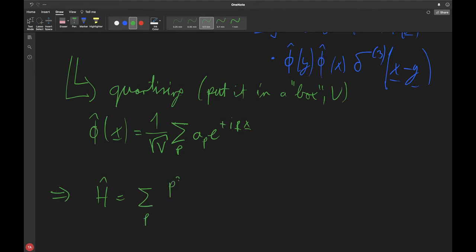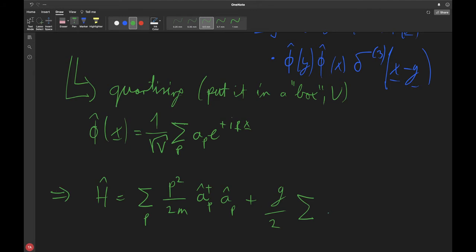So by doing this, we will get that the Hamiltonian operator is the same as the sum over p of p squared over 2m, which is something which should look familiar, and we have these two operators, the a dagger p and the a p operators. This is the kinetic term. And now we have the term for the potential.